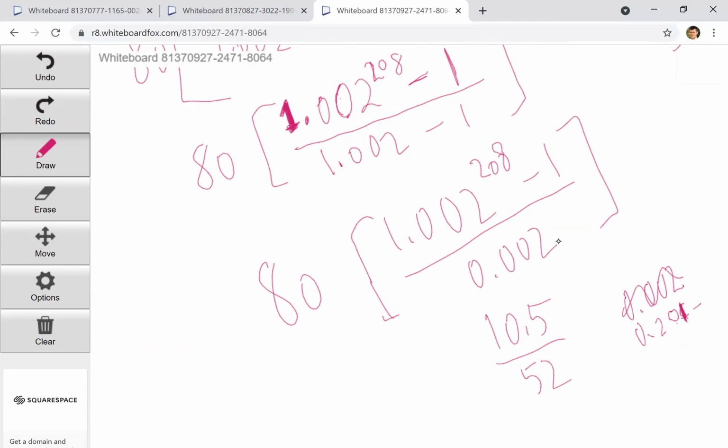So if you put that number here instead, and that number there, right? What would you get?